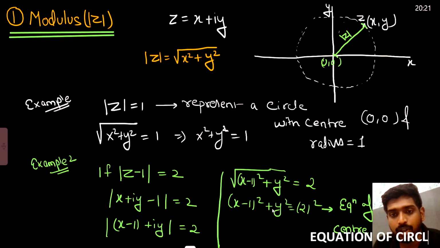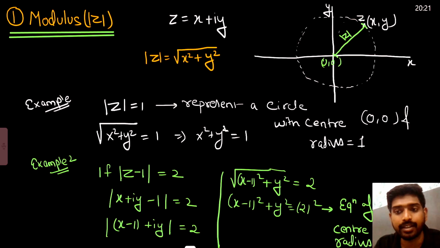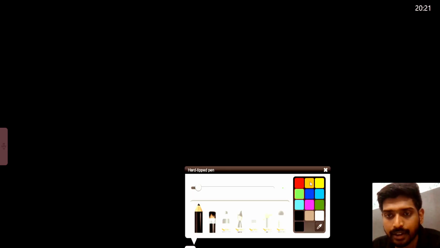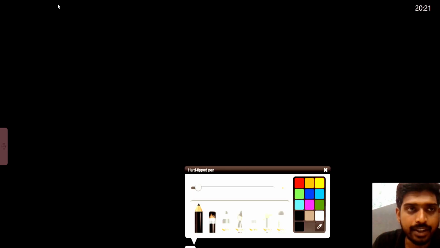What is the center? Center is 1 comma 0, and radius is 2. Got it? So if we try to generalize this, suppose they have given mod of z minus z1 equals r.